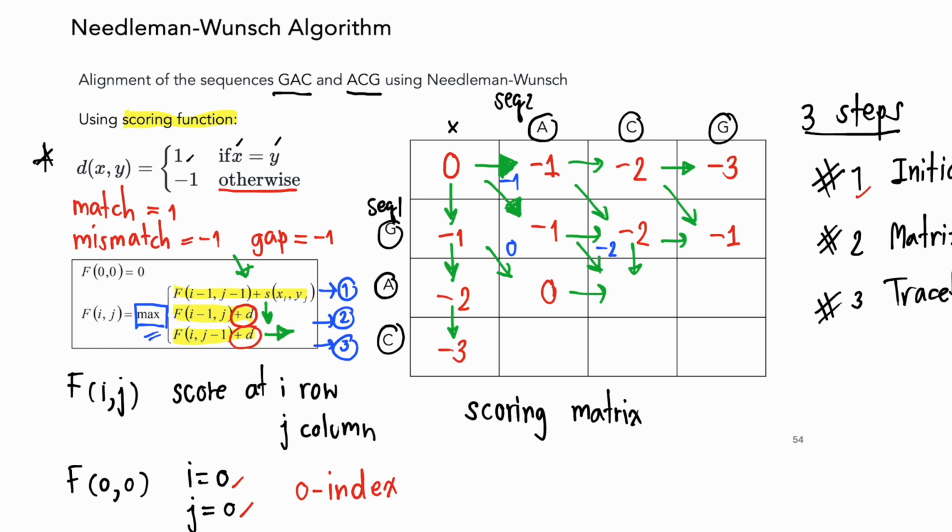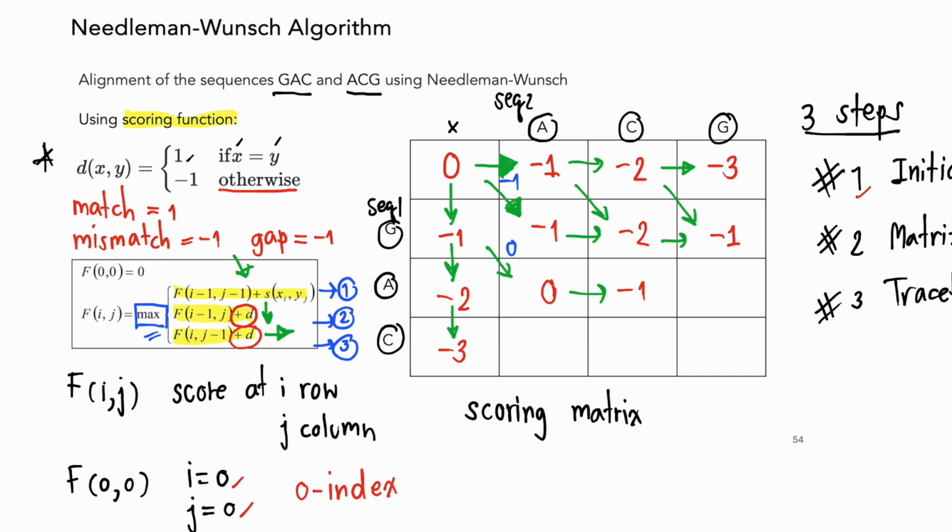From the top cell and left cell, we have to add with gap score -1. -2, -1, -3. 0, -1, -1. So the maximum value is -1. So I will put -1 here. And I will remove the score and the arrow from other directions.